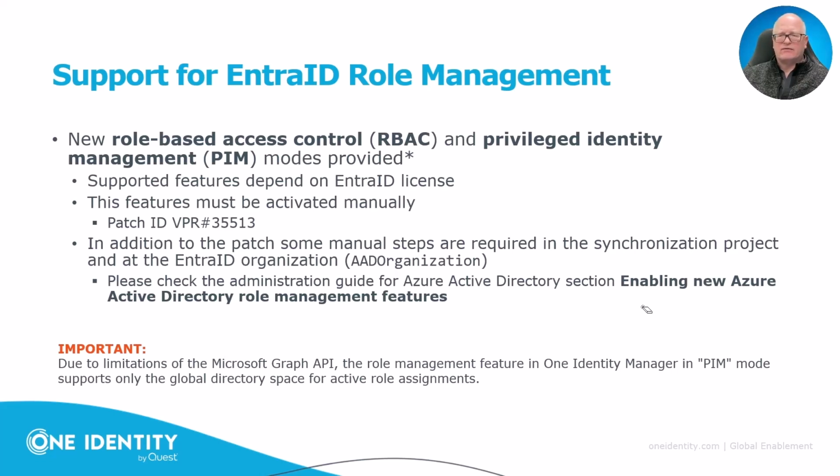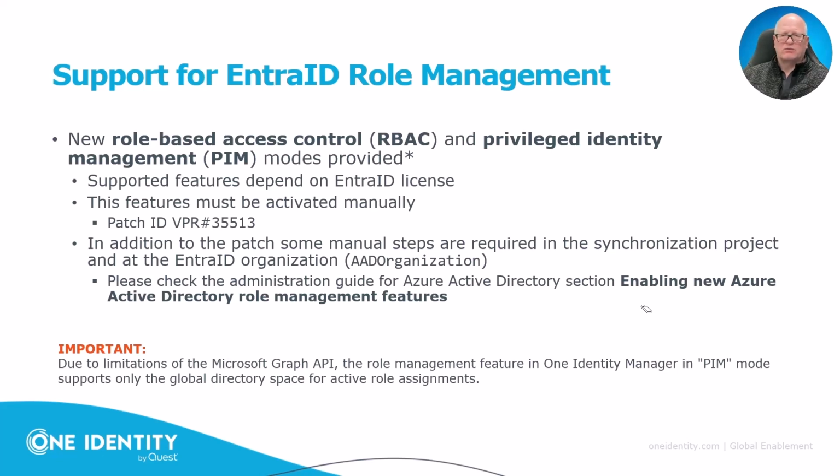In this very specific case, it is a completely manual thing to activate these new role-based features and that privileged identity management module stuff. You need some manual action steps. This is necessary. Secondly, and that is what you can see under the orange header here, it is important to know that there are limits in the complete functionality of that feature.